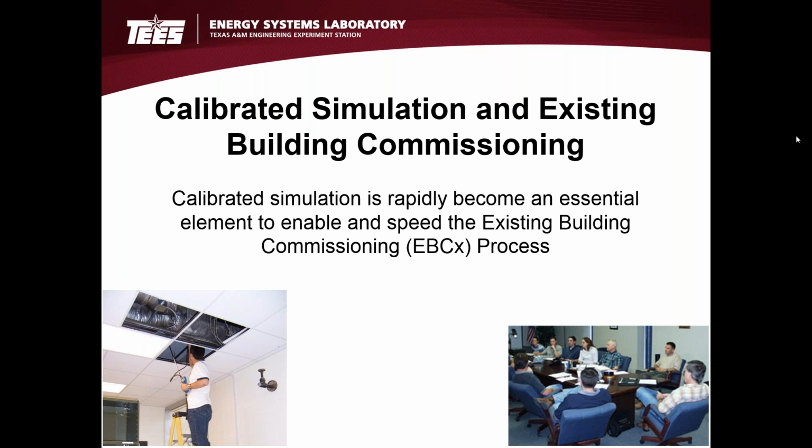Internally, the process that we developed starting about 30 years ago, before I had ever heard the term existing building commissioning or retro commissioning, is continuous commissioning, and that is basically our internal laboratory version of these processes that are now known by these more generic names. And so we will be talking about it within the context of the process that we use internally here.